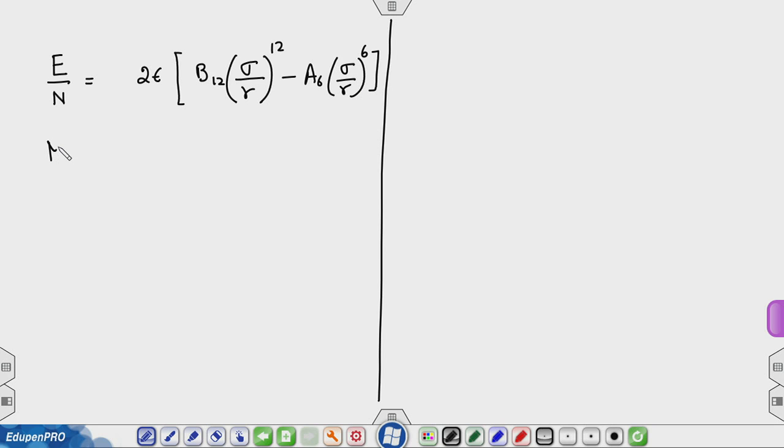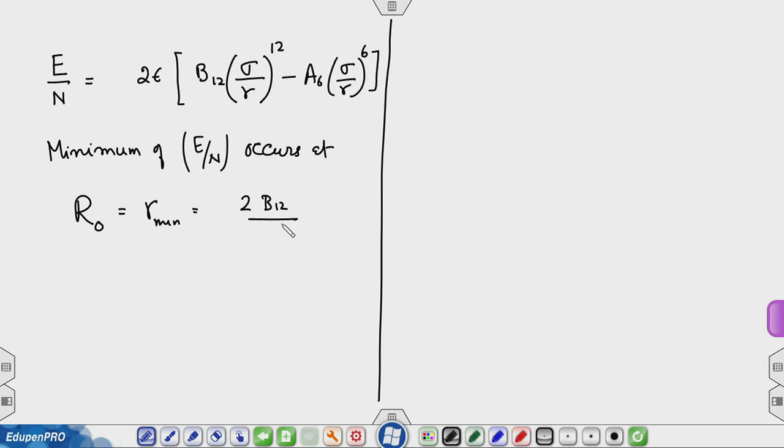So, the minimum of E by n occurs at, and we had calculated that, I am going to call that r0, which is r for minimum, and this comes out to be (2 times B12 over A6) raised to 1/6. So, depending on what B12 and A6 are, r0 is going to be different.